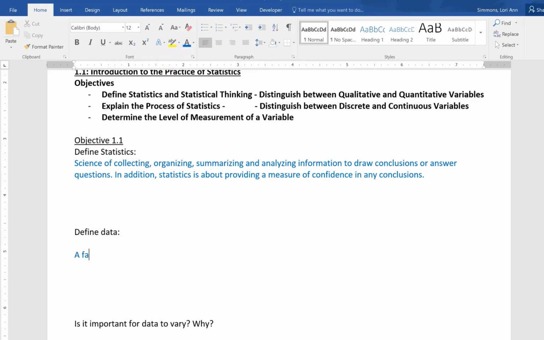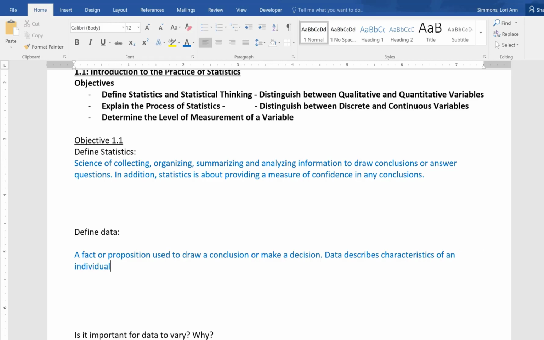It is a fact or proposition used to draw a conclusion or make a decision. Data describes characteristics of an individual. So what might be some examples?